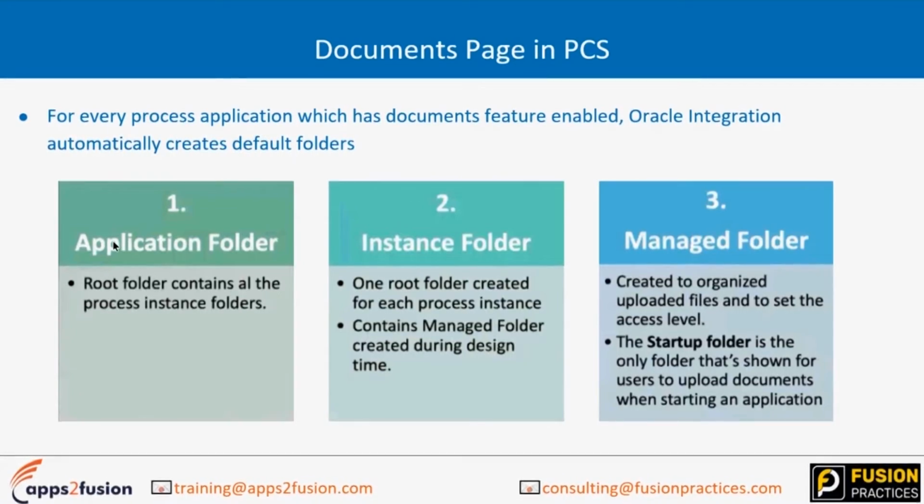For each and every process ID, a new instance folder gets created in the application folder, and this instance folder will have something called a managed folder inside it. And this managed folder is the one which will help you to upload or organize the documents. You can also make this managed folder a startup folder, so that as and when you create an application which gets started with a document as an input, you can use this as a startup folder as well.